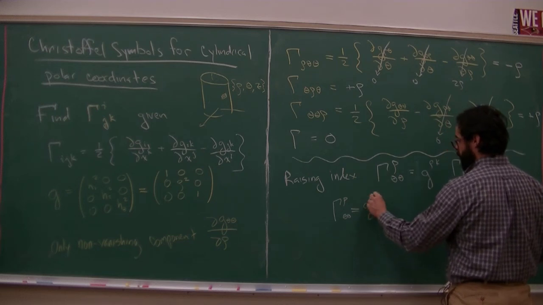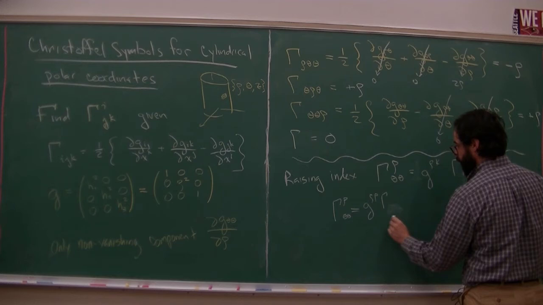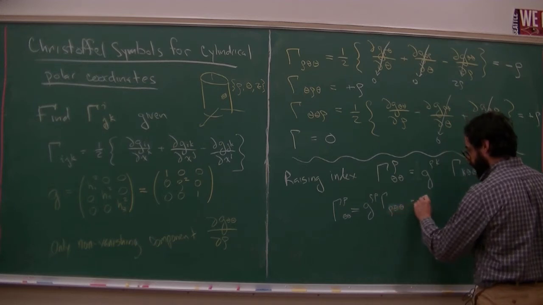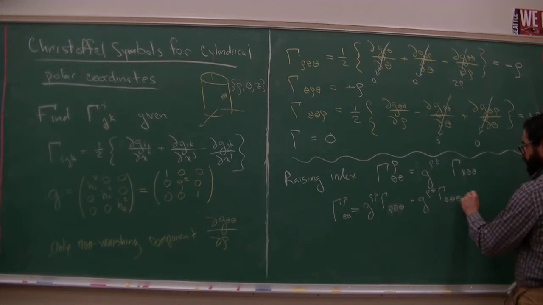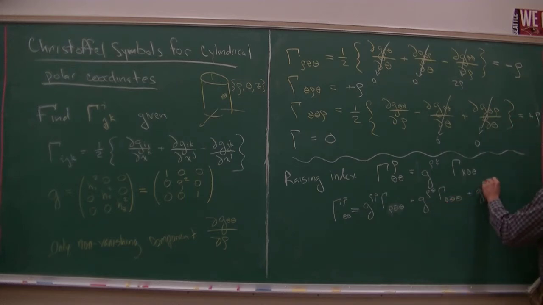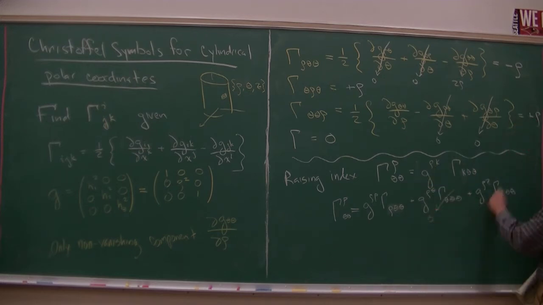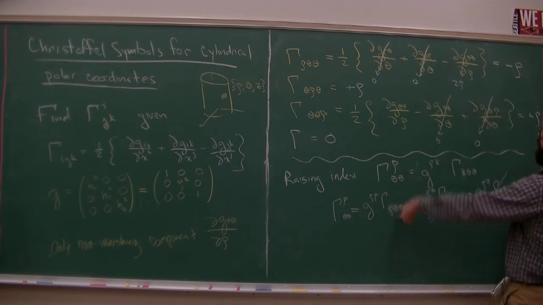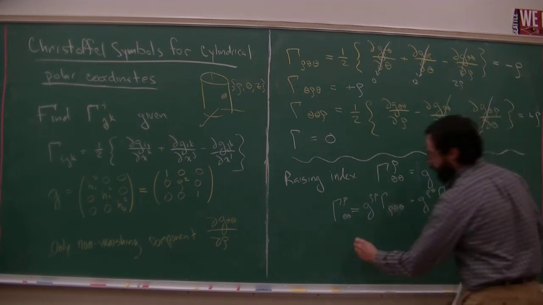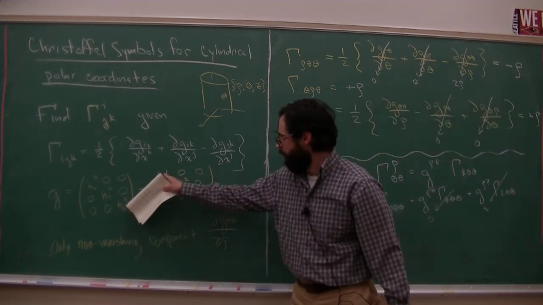This is g rho rho, gamma k rho theta theta, plus g rho theta, gamma theta theta theta, and then g rho z, gamma z theta theta. Okay? So that's the Einstein summation, but this is 0 because we know it's 0, that's 0, we know that's 0. So the only thing that's non-zero is this, and we know what that is because we computed all the non-zero coefficients. So that's g rho rho, which is just 1.